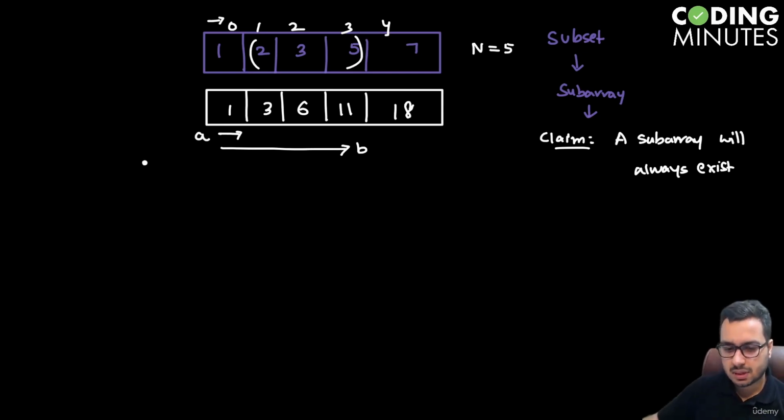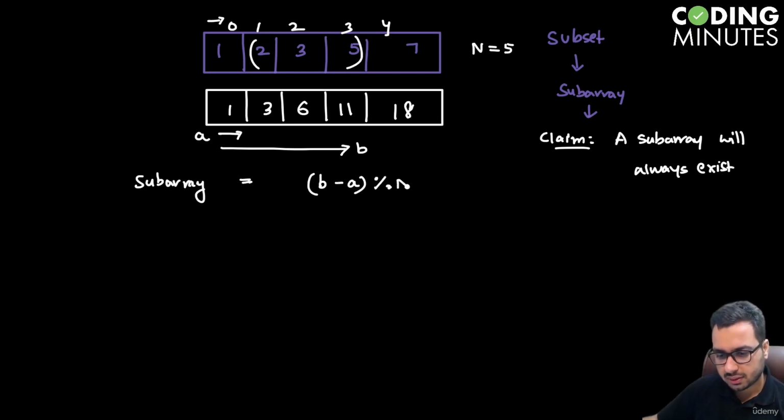So the subarray sum can be computed in order 1 time, and that is nothing but b minus a. So we are saying (b minus a) mod n is the subarray sum, and this should be equal to 0. That means B mod n should be equal to A mod n.